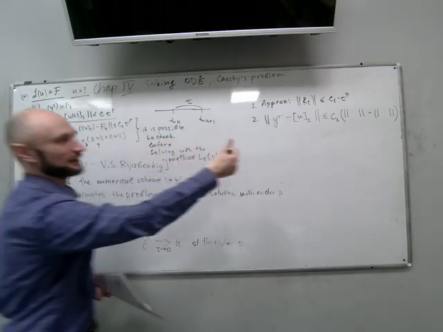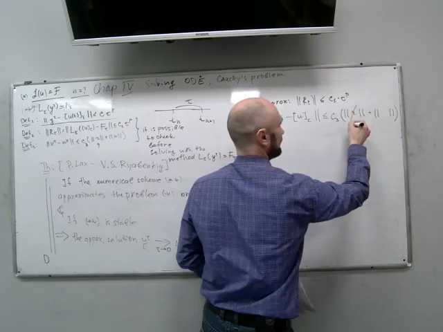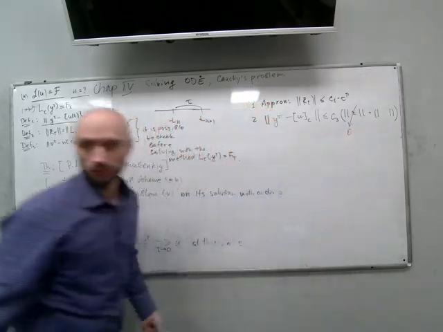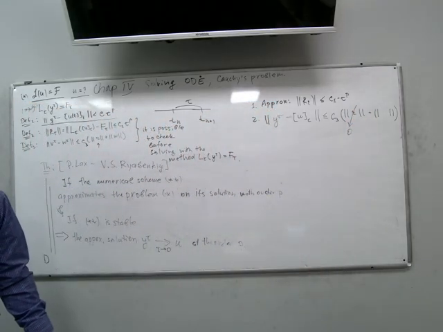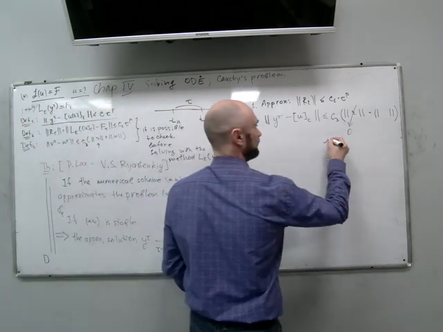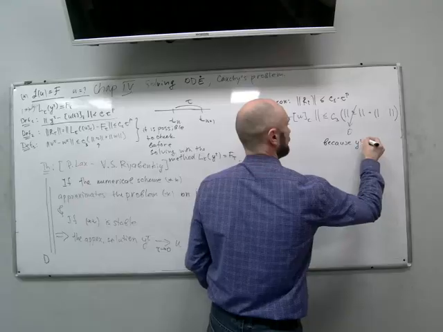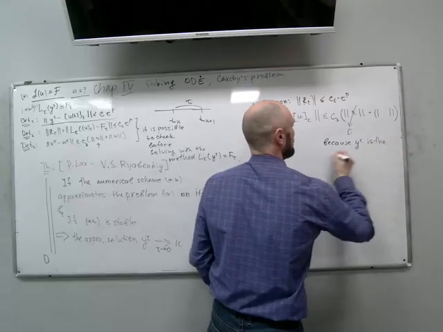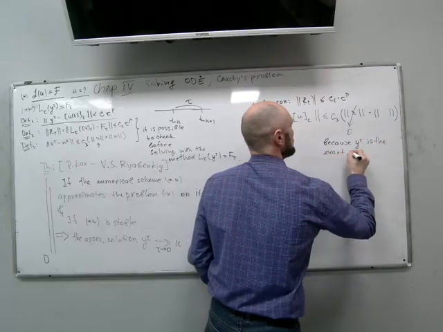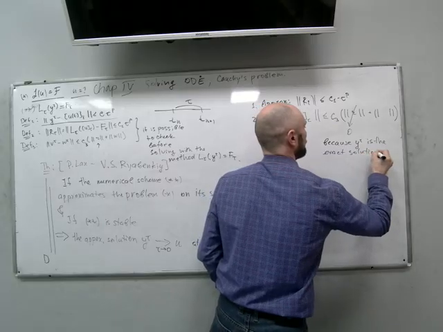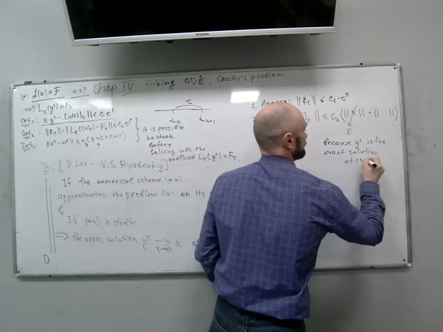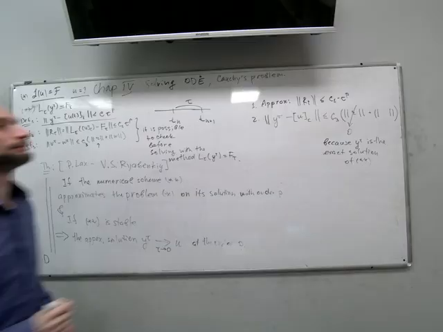That's why this guy is 0, because y tau is the exact solution of 2 stars. Okay?